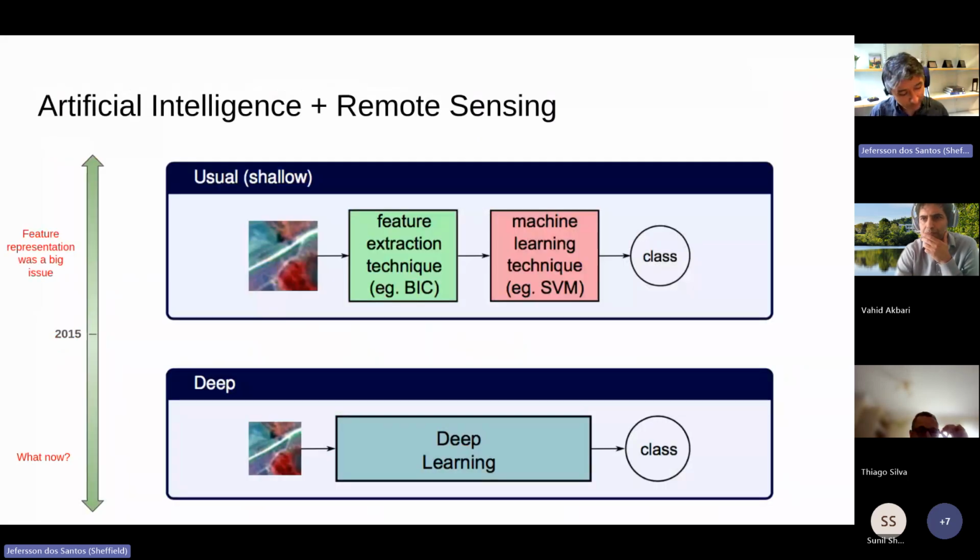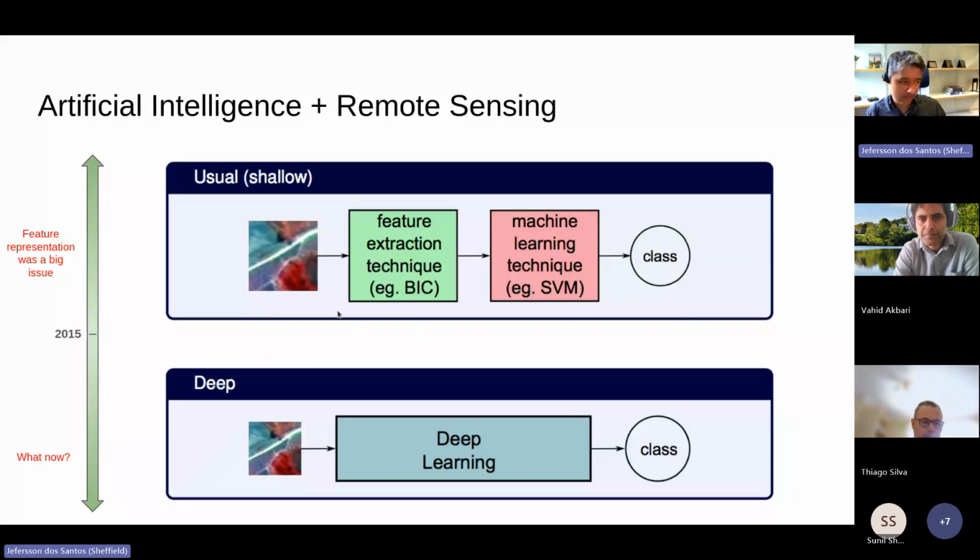And speaking more about artificial intelligence, I've been lucky during my career to see the flourishing of artificial intelligence and its impact in remote sensing. In my PhD, I was developing machine learning algorithms, more traditional machine learning algorithms. But I was already working with remote sensing, so I had experience applying and developing new algorithms based on shallow machine learning, the classical one, in which we follow this kind of pipeline.